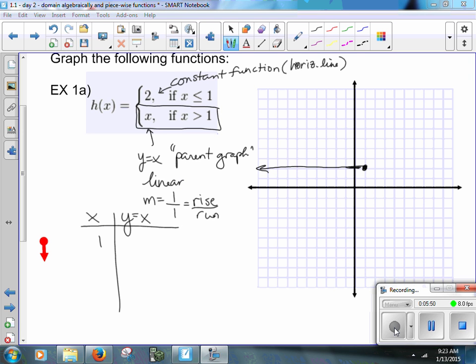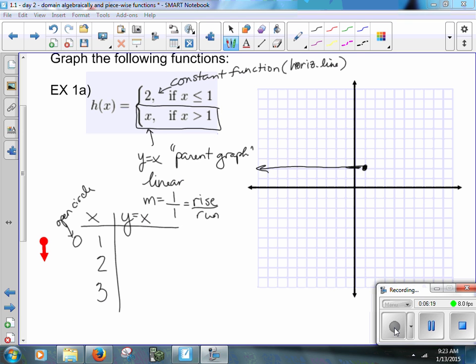Why? Because that's what I'm given. X is greater than 1. Will I have an open or a closed circle when x is 1? An open circle. Okay? So I'm going to put there an open circle. And what other x values do I need?